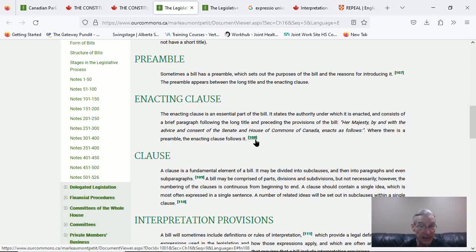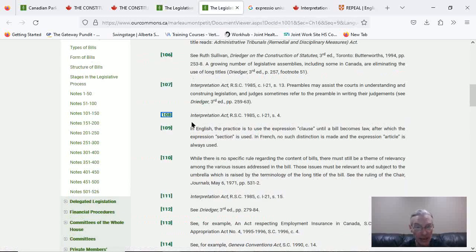Once again, we see an endnote. So let's pop open that endnote, and it says Interpretation Act. In Canada, the highest legal definition of a word is found in the Interpretation Act if it is not expressly declared in the Act or statute itself. Now, there's something very important that stems way, way, way back in law.